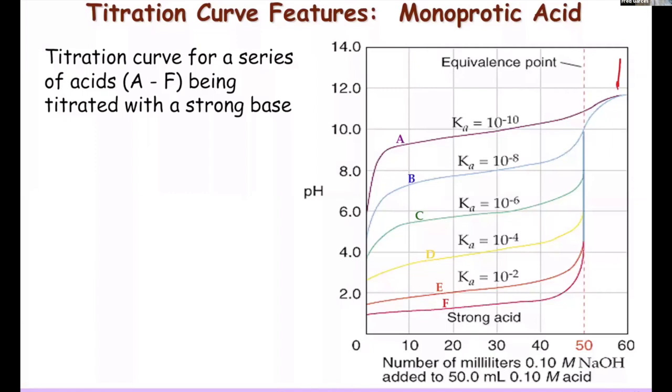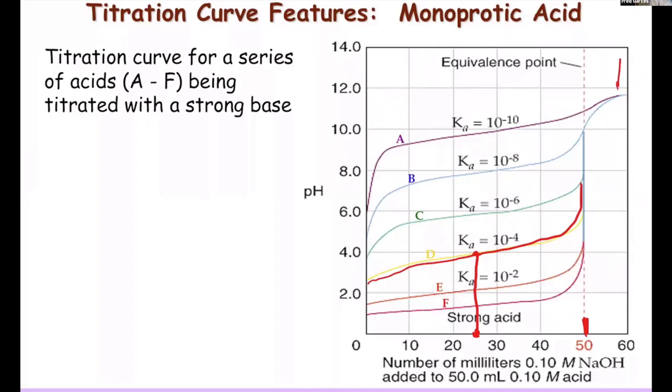But if I ask you, what is the Ka of, say, acid D? So look at the curve for acid D. 50 milliliters is the equivalence point. 25 milliliters is halfway. All I've got to do is read the pH there. That's the pKa. So that pKa at halfway is about 4. So the Ka is 1 times 10 to the minus 4.